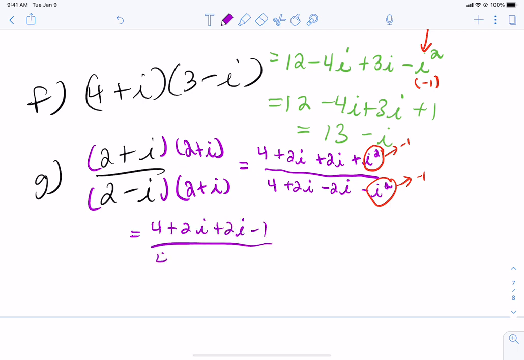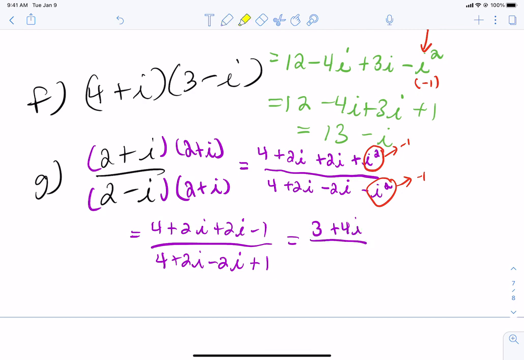On the bottom, we're going to get 4 plus 2i minus 2i plus 1. Now, almost always with these, there are like terms, so we can mush them together. So at this point, let's mush our like terms together. So 4 minus 1 is 3, 2i and 2i is 4i.